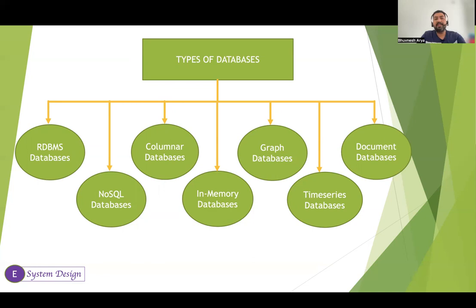Now coming to the second database, NoSQL databases. These databases do not use the traditional relational model and offer more flexible data structures, making them suitable for handling unstructured or semi-structured data.